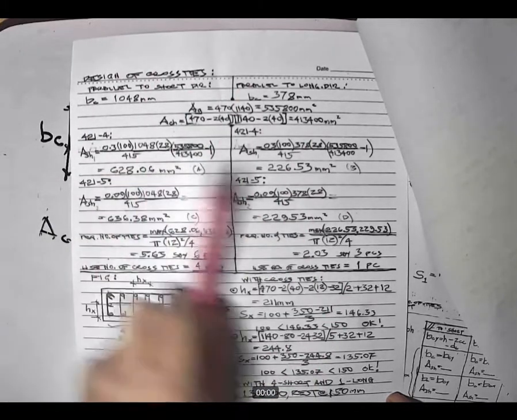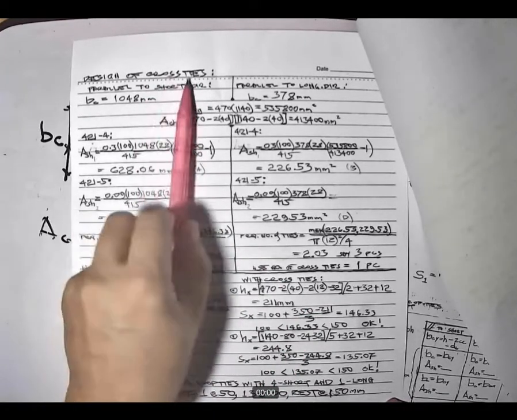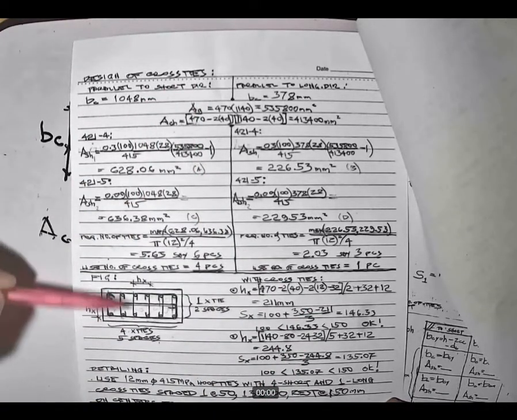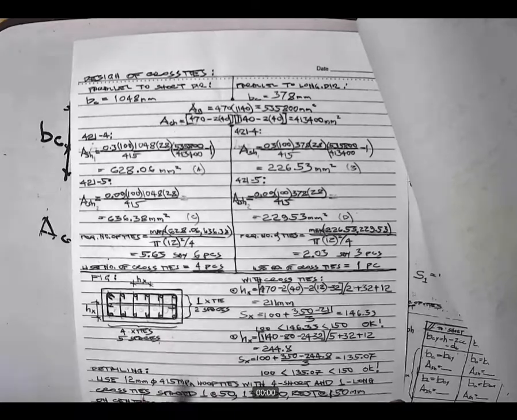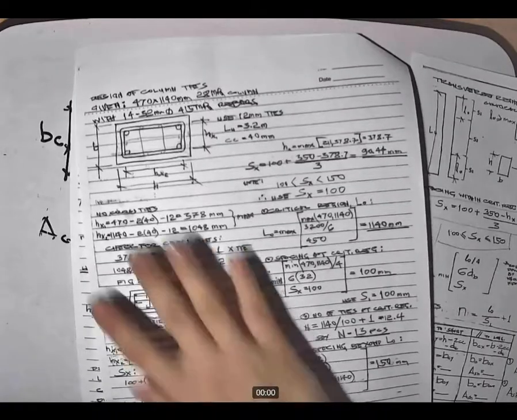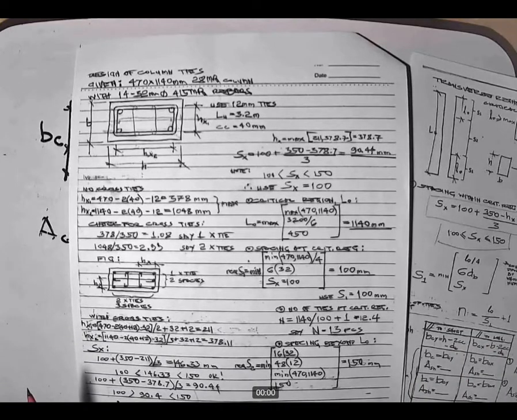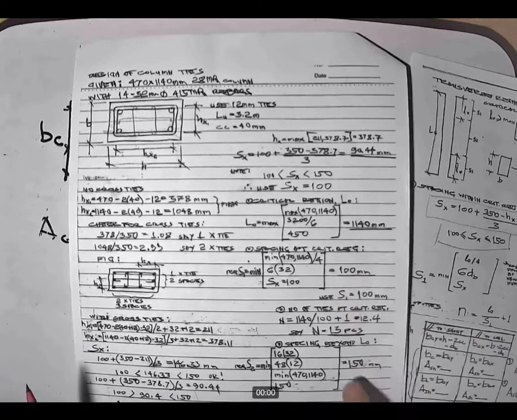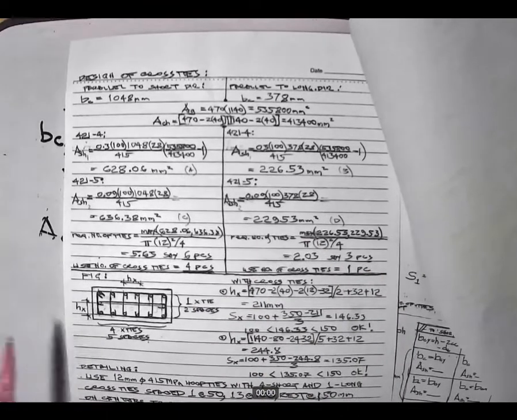Take note na itong procedure na ito, this is just for the design of cross ties. Okay, ito. So, this now is 4 pieces na cross ties tsaka 1 piece na cross tie. This page is for the design of the spacing, yung 100 tsaka yung 150. This page naman is for the number of cross ties.